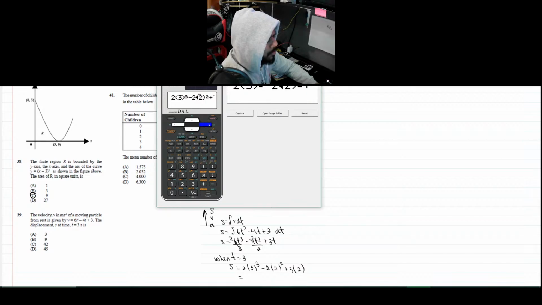Oh, I substituted the wrong limit, sorry. 2 into 3 cubed minus 2 into 3 squared plus 3 into 3, 45.